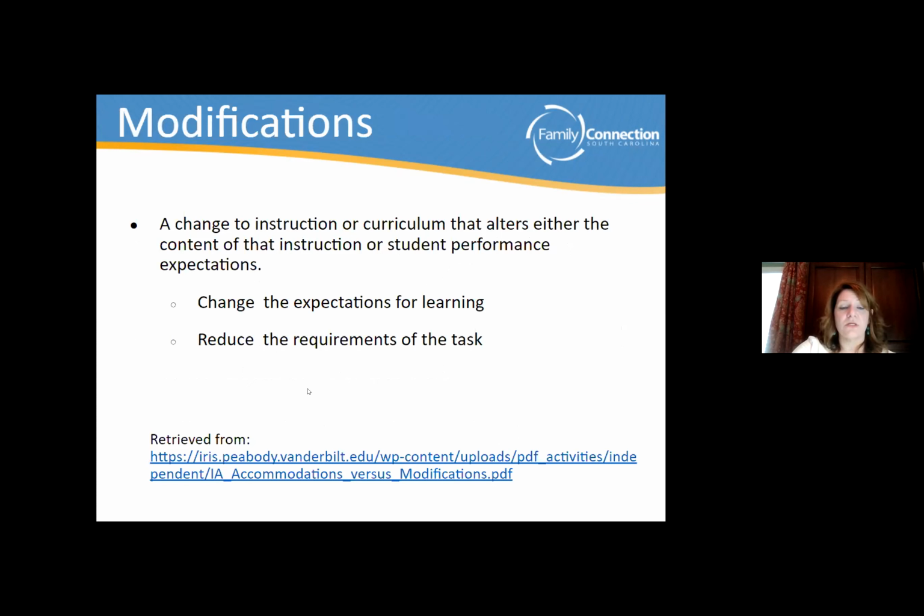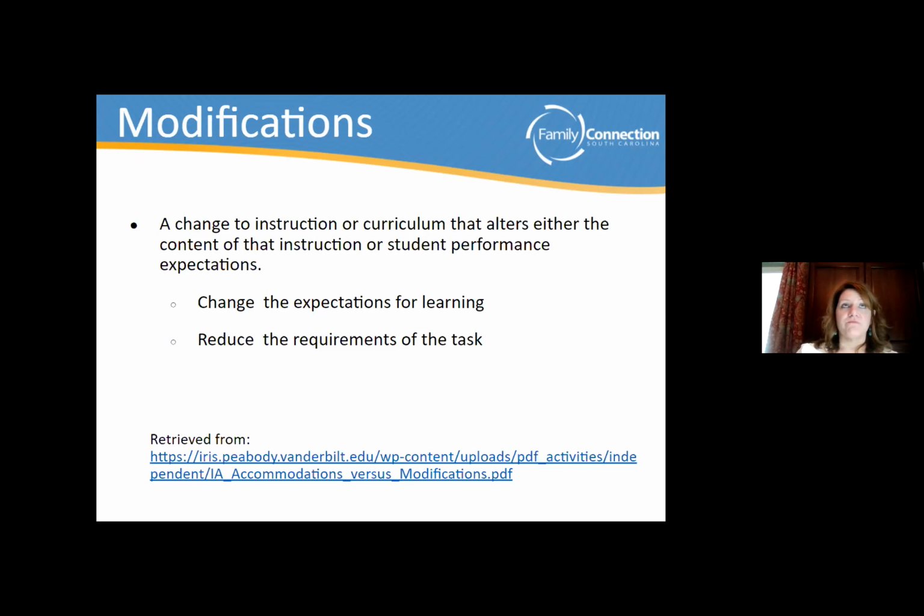Okay, now you've got an orientation on accommodations and how we're going to talk about that today. Let's switch over and talk about modification. Just that word itself, before we get into the slides, modifying something is really changing something. So you're not really accommodating differences, you're modifying the instruction or the curriculum. You're altering either the content of the instruction or how the student performs the expectation.